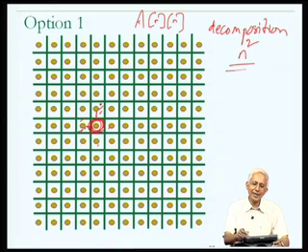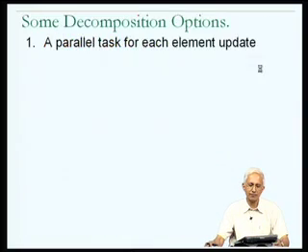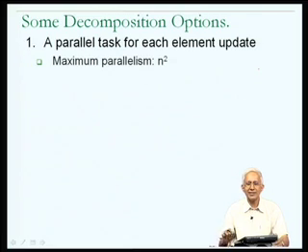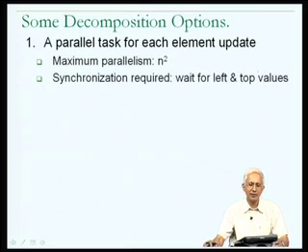So while the maximum parallelism might be n squared, there is going to be the need for some synchronization if I use this decomposition option. In analyzing this decomposition option quickly, I might say that the maximum parallelism is very good. I could actually have an extremely parallel program, but there is the need for synchronization. The computation for the process ij is going to have to wait for the process to its left and top, which I was calling west and north a little while back, to complete.